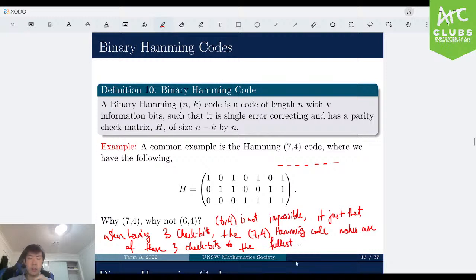So it's not saying that 6-4 is not possible. It is. It's just that if we would allow up to 3 check bits, then having a fixed length code of 7 would maximize the usage of these 3 check bits.